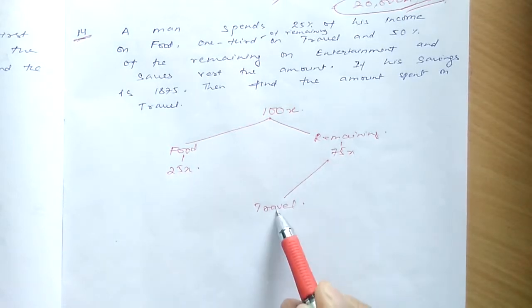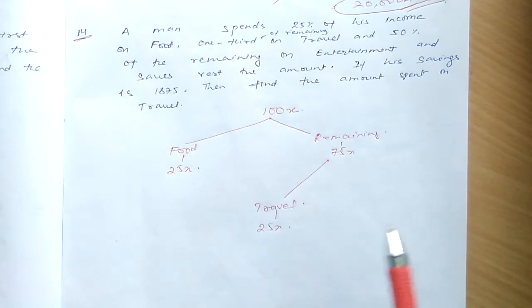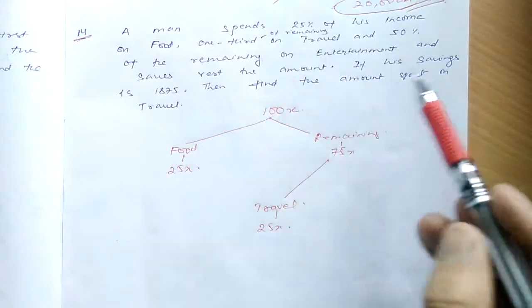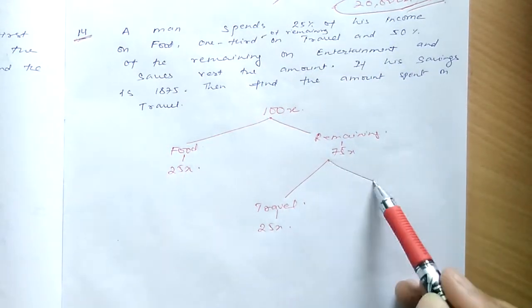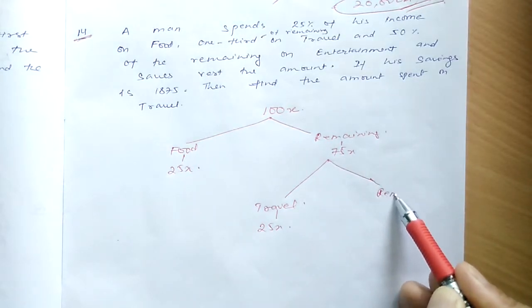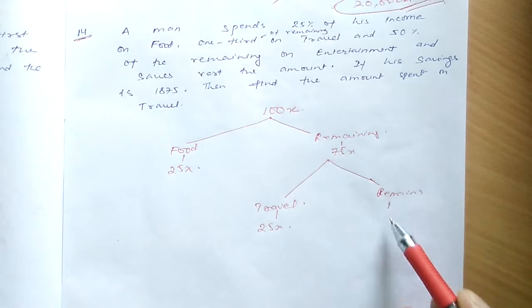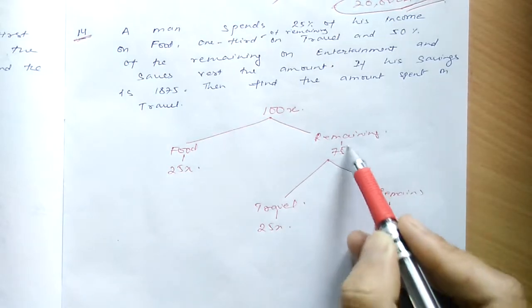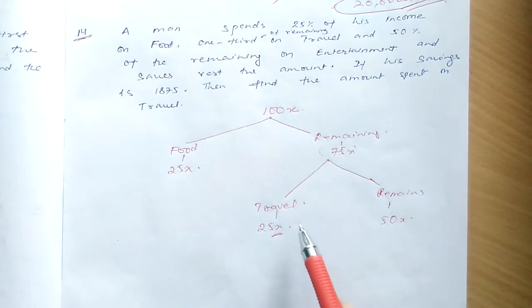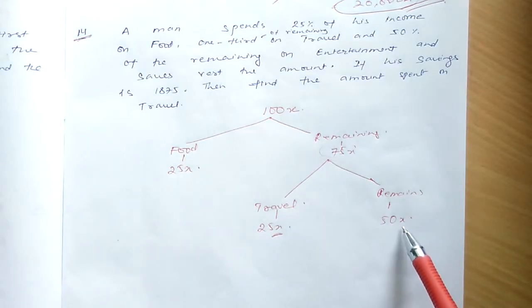Out of this, one third, that is 25x, they spend on travel, and 50% of the remaining. Again, the remaining is 50x, because out of 75 they have already used 25x in travel, so the remaining is 50x.